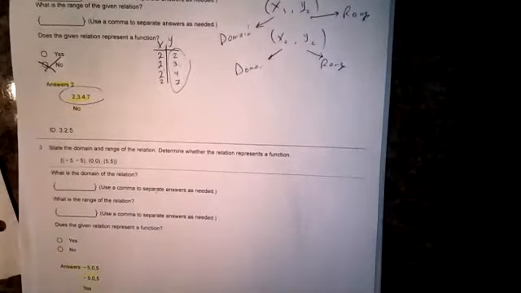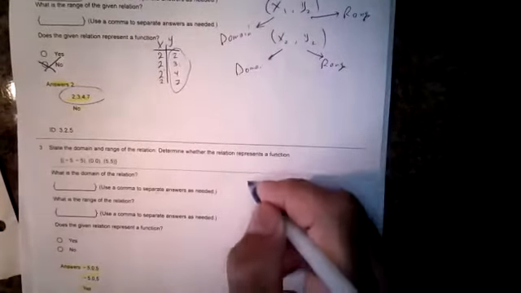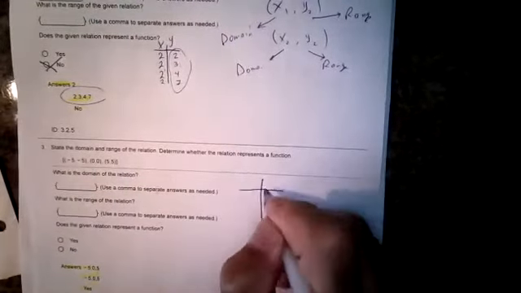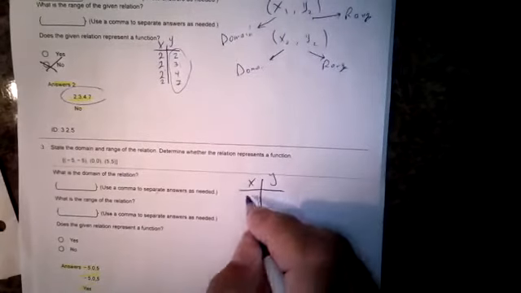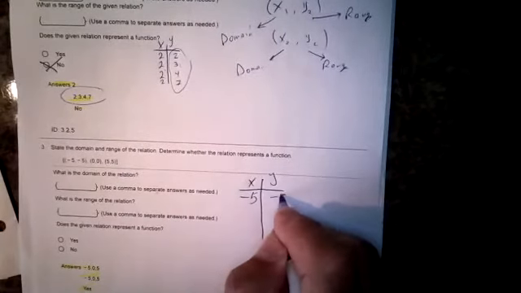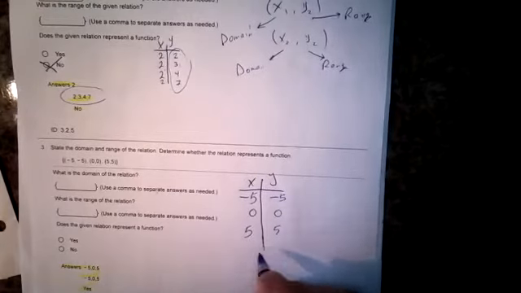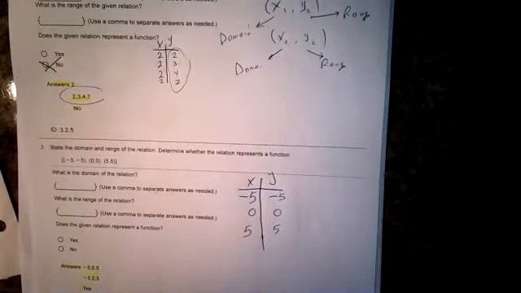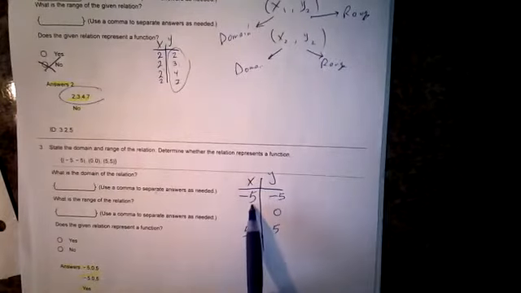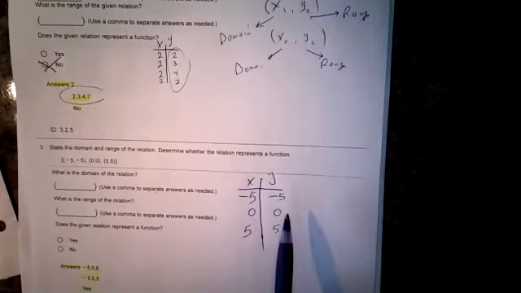How about this one? -5, -5, 0, 0, 5, 5. How about this one? X is -5, y is 0. See, they don't have a situation that for the same x you got 2 different y.